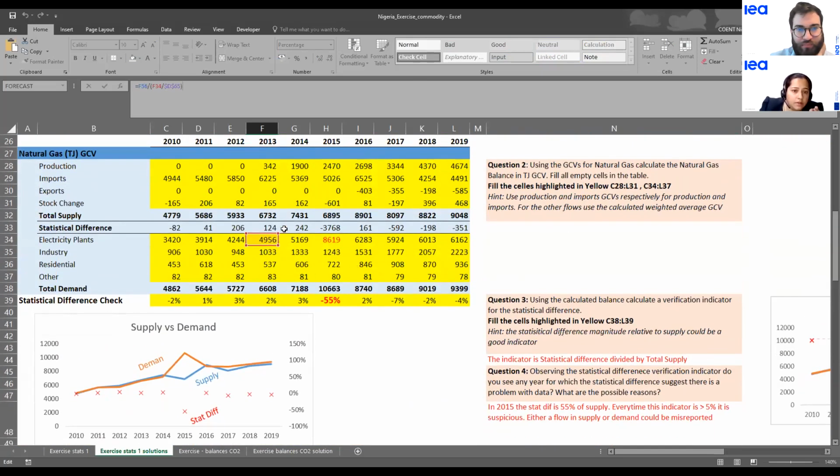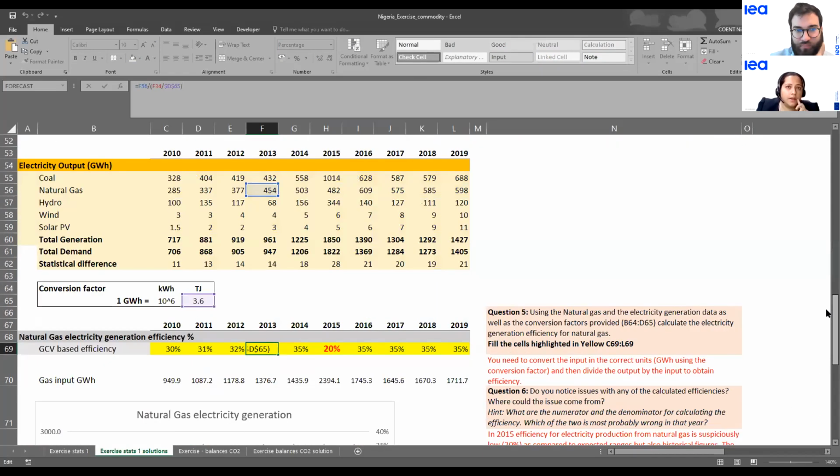In this case, you will take what is in row 34. But the thing is that when you calculate efficiency, it has to be in the same unit. So you would convert your input, which is in terajoule, to gigawatt hour. So you divide by 3.6 and you would get your percentage, your efficiency.